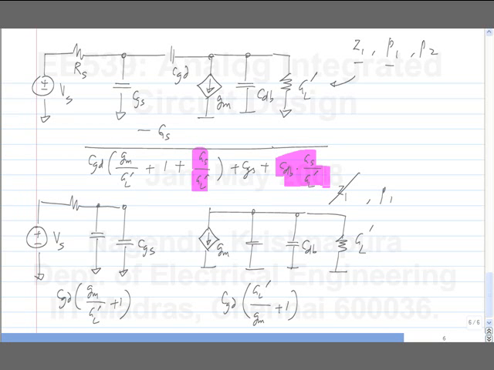Is it clear that if I calculate the pole from the lower circuit, I will get this part except the highlighted ones? So I have a first order low pass filter here with GS. What is the pole in this part of the circuit? GS and this capacitance.